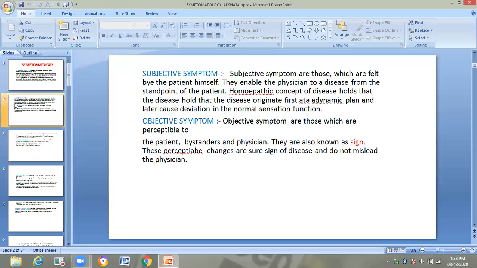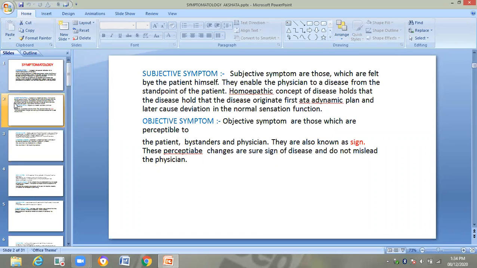When we do investigations, all the reports are normal, but the patient is feeling uneasy, uncomfortable, with some abnormal sensations. So these are nothing but the subjective symptoms.